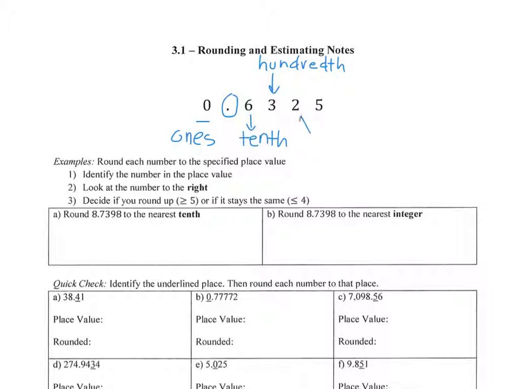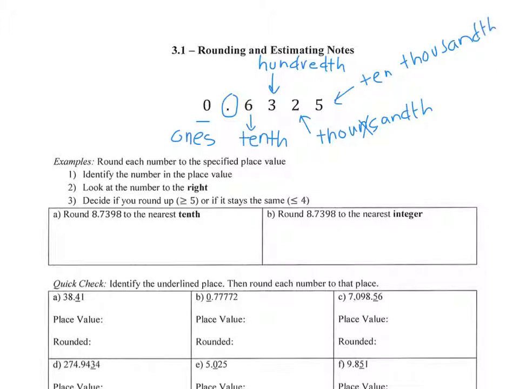This 2 is in the thousandth. And this 5 is in the 10,000th. Oops, that doesn't have an N right there. 10,000th position.